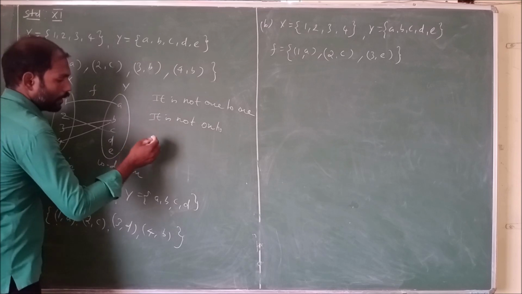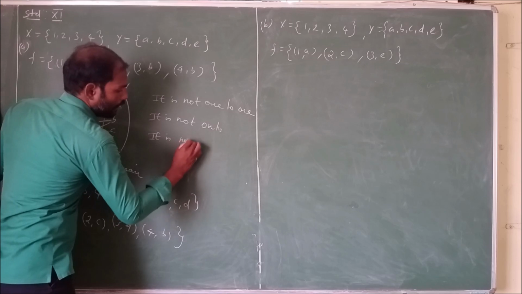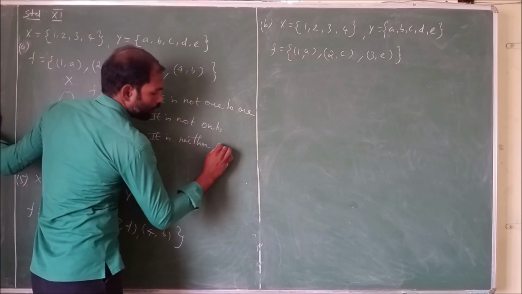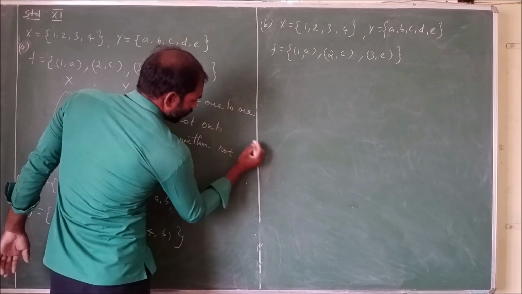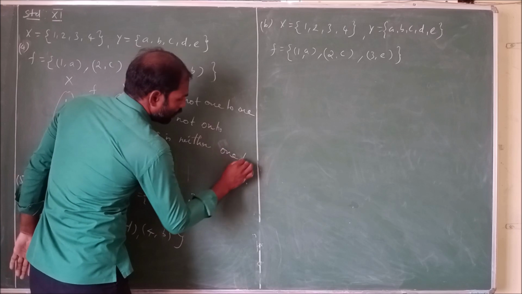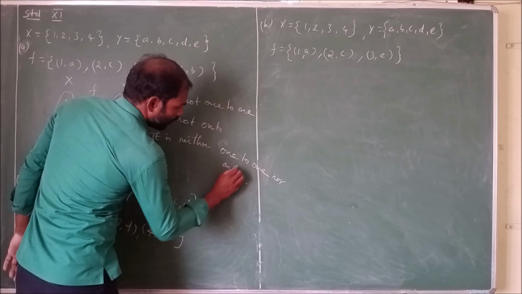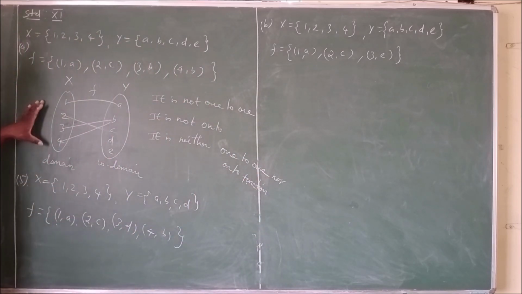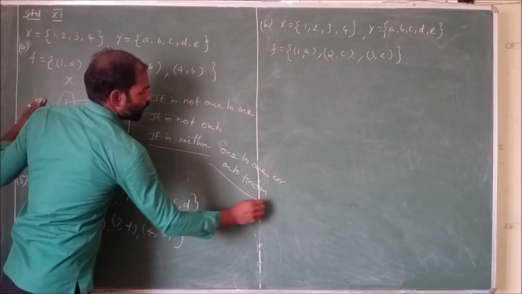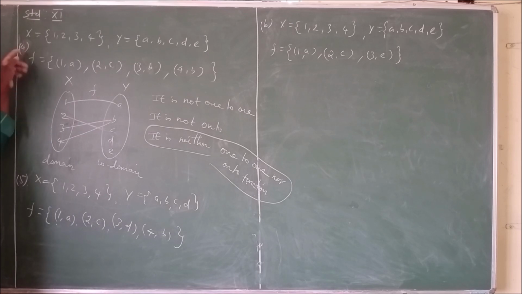Finally, we write: it is neither one-to-one nor onto function. Clear the fourth one.